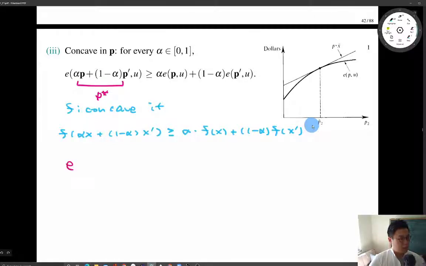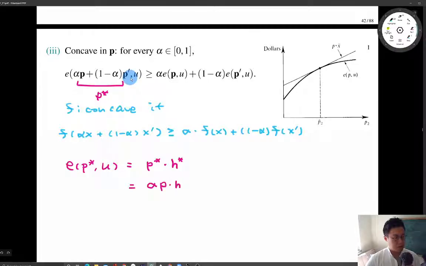By the definition of the expenditure function, we know that this equals P star dot the Hicksian demand, H star. Because P star is the average price, we can rewrite this as alpha P dot H star plus 1 minus alpha P prime dot H star.